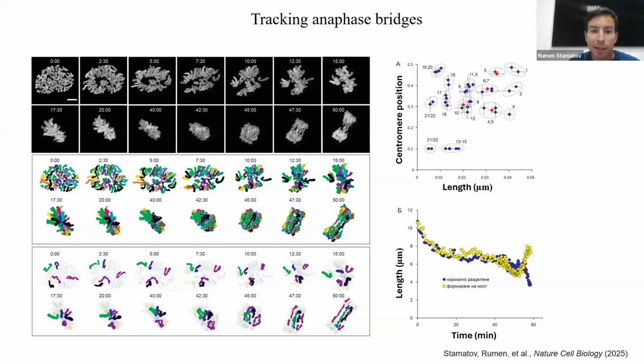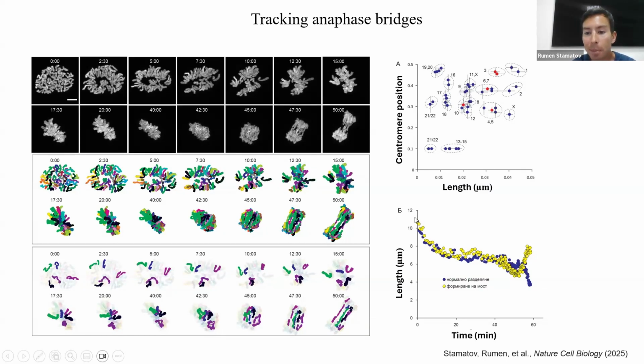We applied the pipeline, segmented each chromosome, and then we identified which chromosomes form the bridges. So for example, in this cell, there were 5 bridges, which were both copies of chromosome 3, one of 6 or 7, and one of 4 and 5.